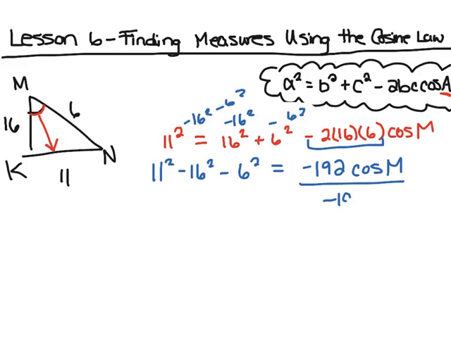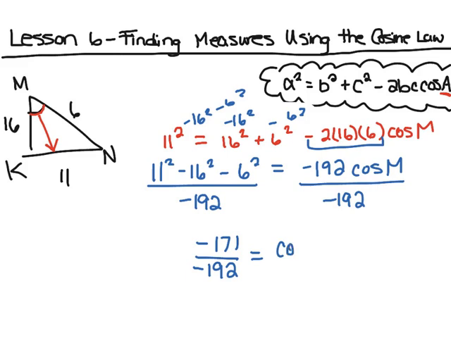So we're going to divide both sides by negative 192. You can simplify the top and put 11 squared minus 16 squared minus 6 squared, and you should get negative 171 over negative 192 equals cos M.